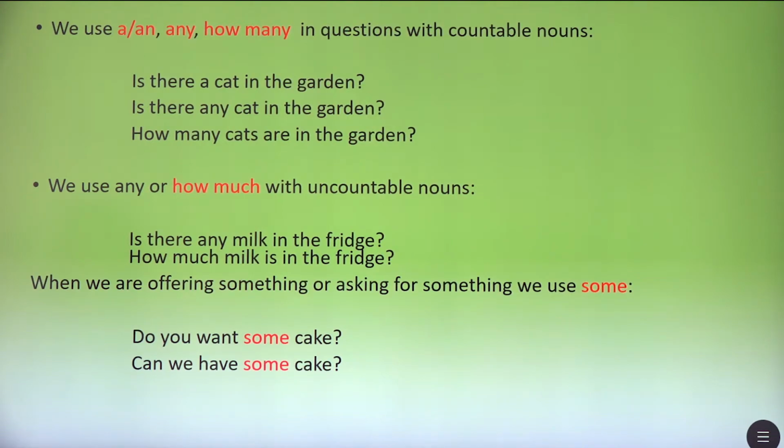For example, is there any milk in the fridge? How much milk is in the fridge? But when we talk about offerings and asking for something, we use some. For example, do you want some cake? Or can we have some cake?